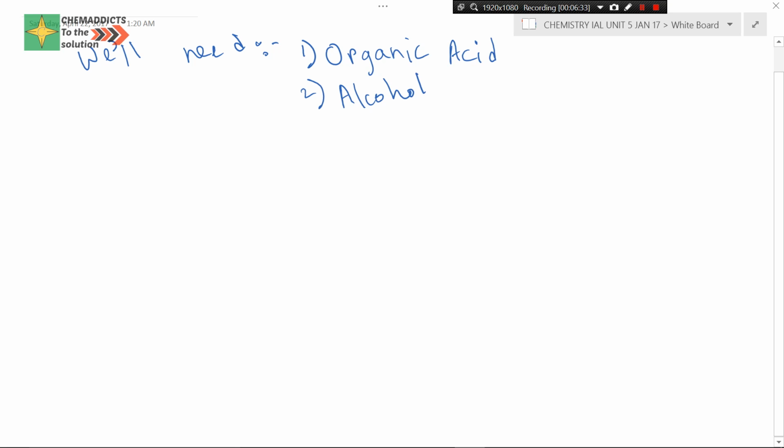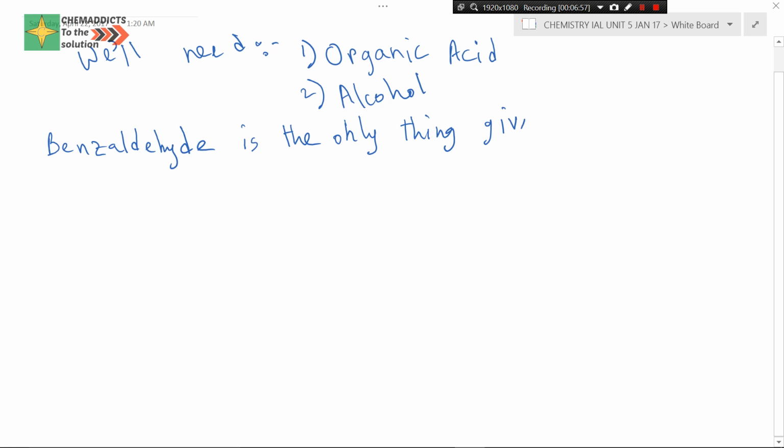So here the only organic compound given is benzaldehyde. Benzaldehyde is the only thing given. So we should work this out by using benzaldehyde only.